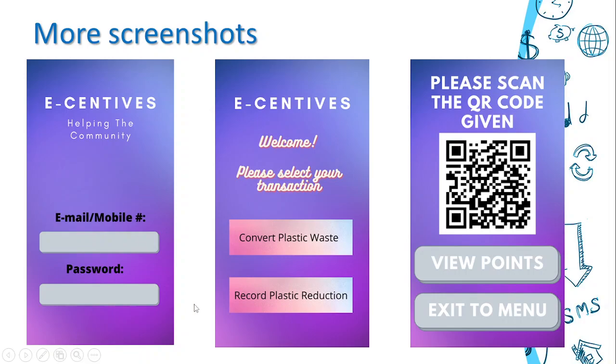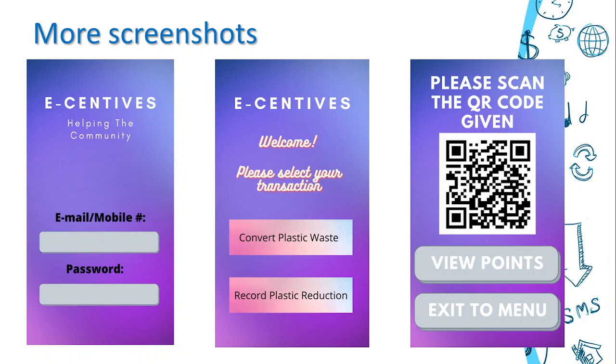When you press this option, it will record your deeds on how you reduced plastic by bringing your bag, an eco bag, for example, or a paper bag, perhaps, as long as it's not plastic. There are also points given based on a scale. I haven't fully developed that yet, but basically that is the gist of this app.